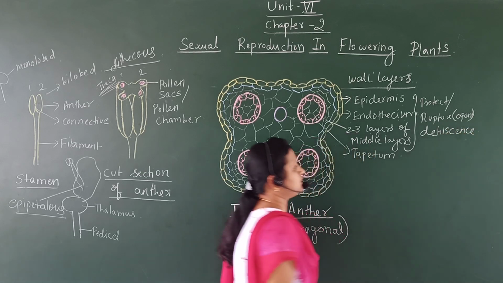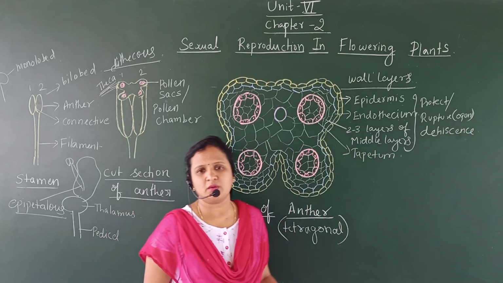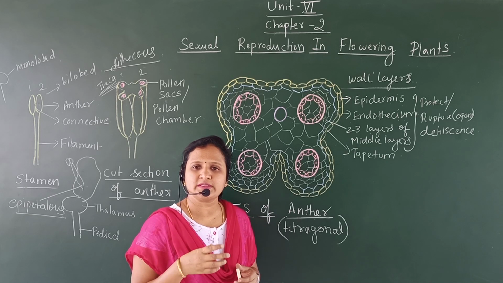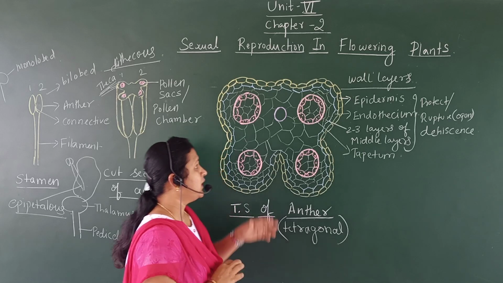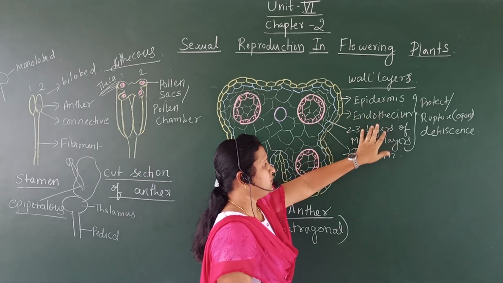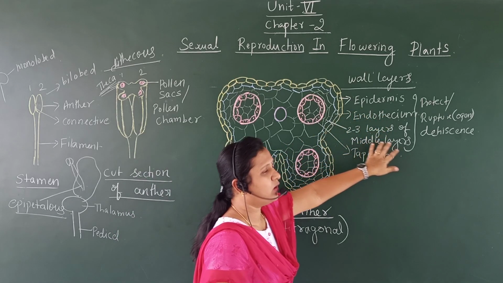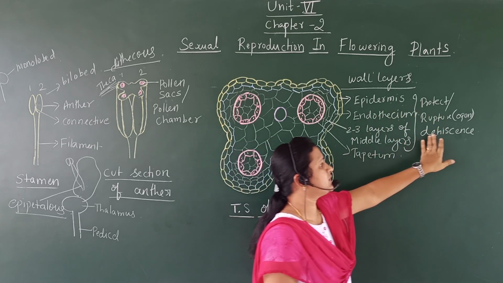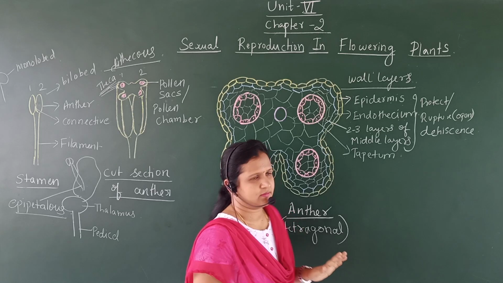Dehiscence of anther means opening up of the anther or rupturing of the anther in order to release the pollen grains. These epidermis, endothecium, middle layers all together protect the anther and also help in dehiscence of the anther.